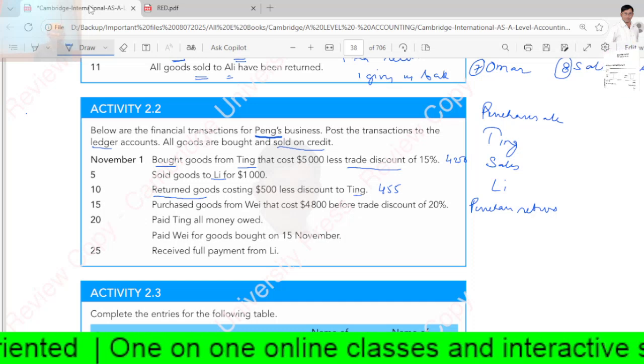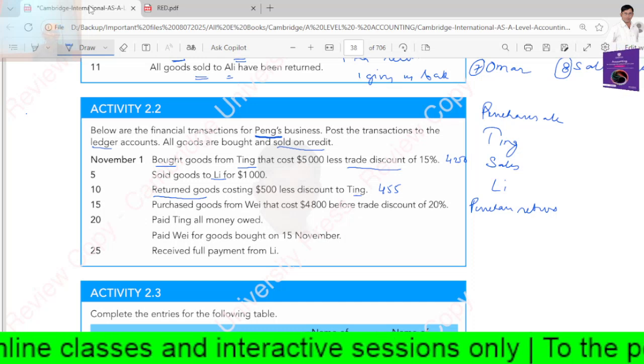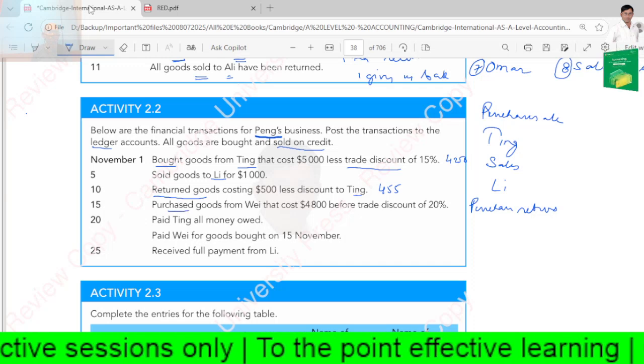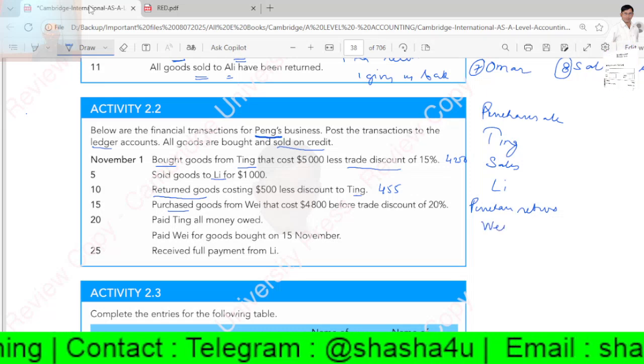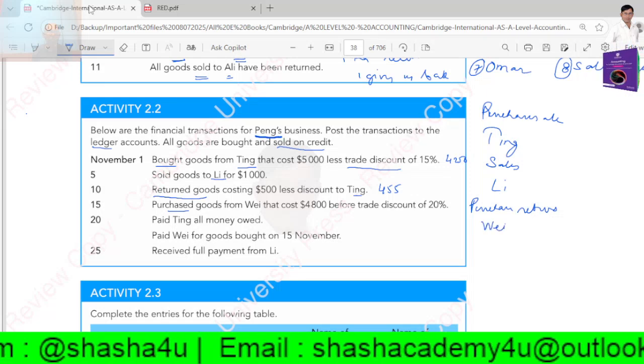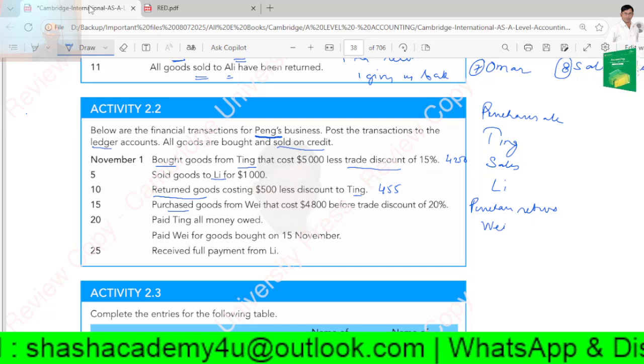Purchase goods from V. Again, the purchases account is already there. Cost 4,800 less trade discount of 20%.